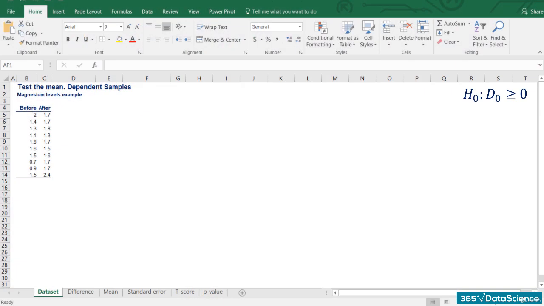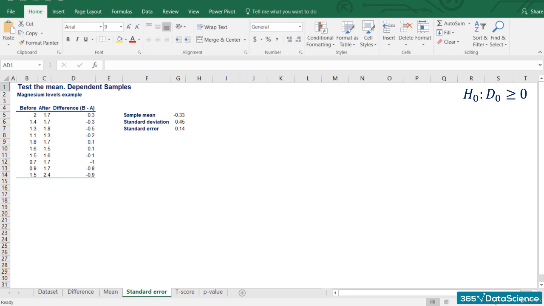Here's the dataset. We have 10 observations people have registered before and after. Naturally, the difference is equal to before minus after. We can calculate the sample mean of the difference. We get minus 0.33. The sample standard deviation is 0.45, and the standard error is 0.14.